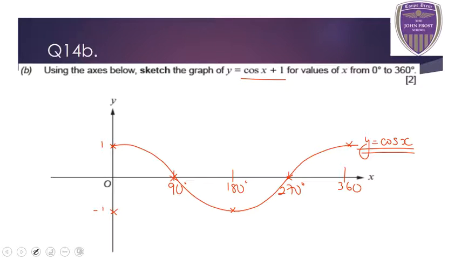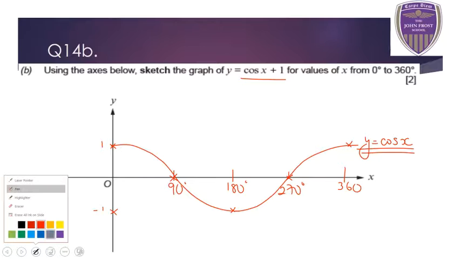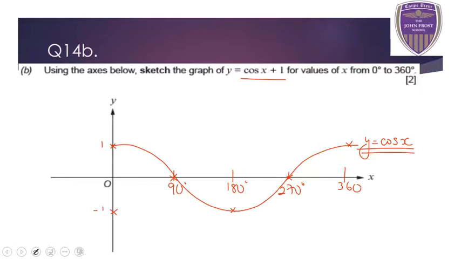Okay. Now, if you want the graph of y equals cos of x plus 1, that's a vertical shift of plus 1. So all I'm going to do is add on 1 to these points. So 1 becomes 2. This naught will become 1. This minus 1 will become naught.